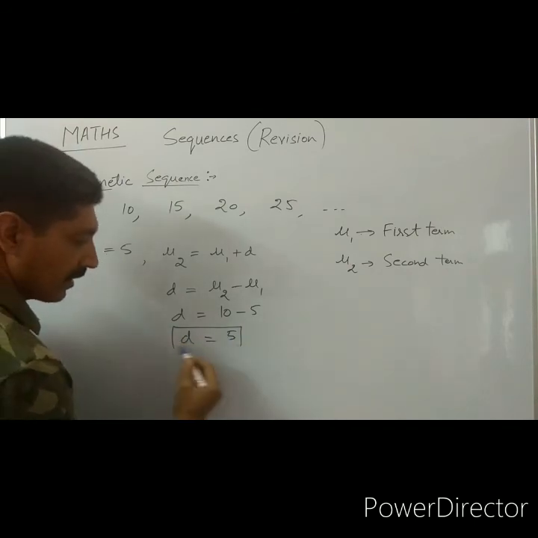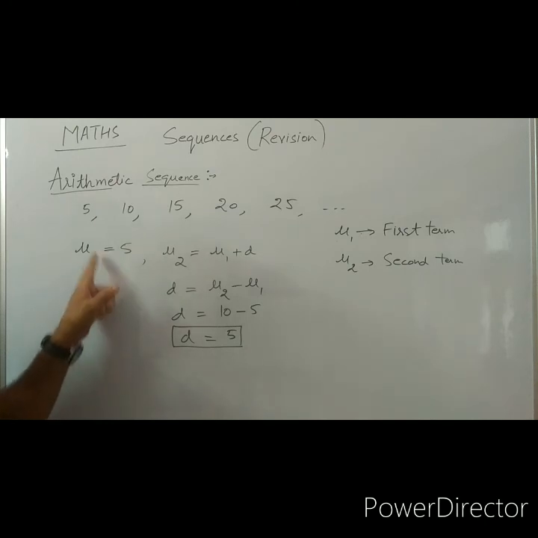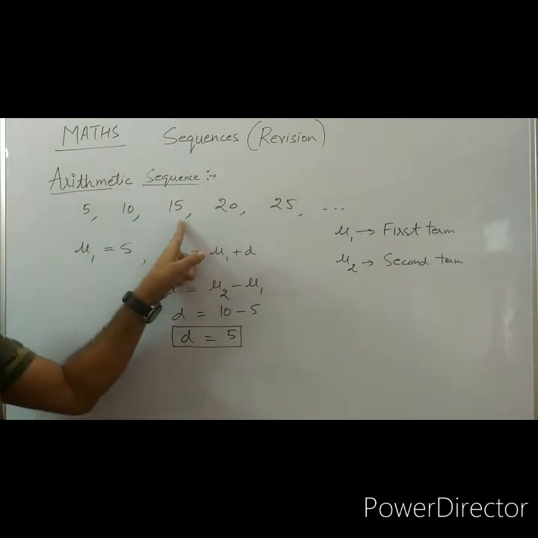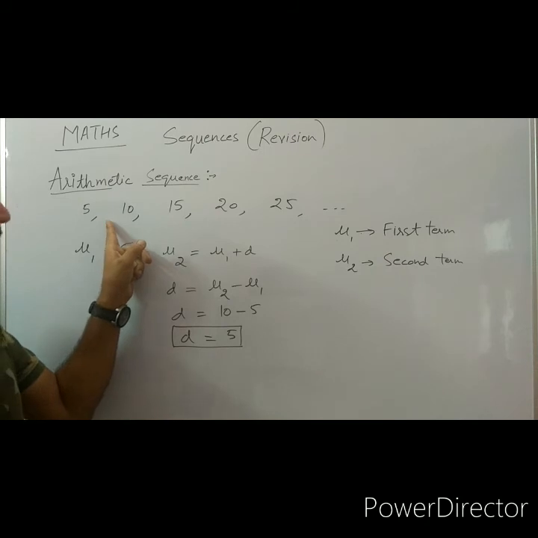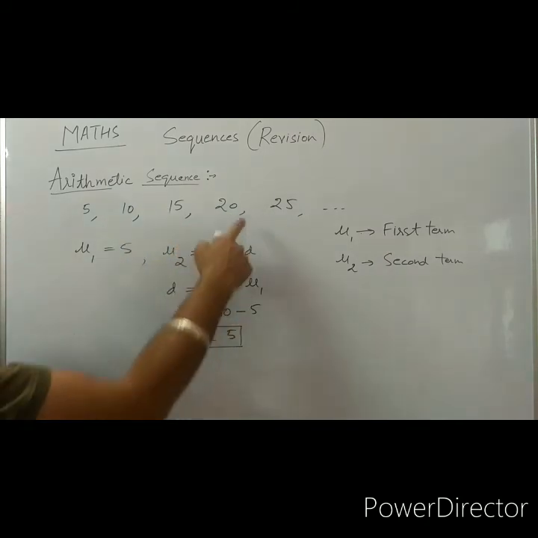So here we have a sequence in which all the successive terms have the common difference, that is 5.